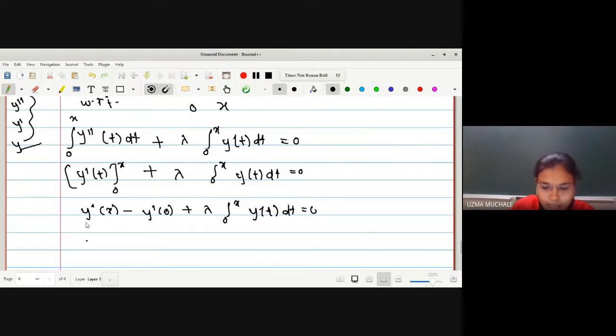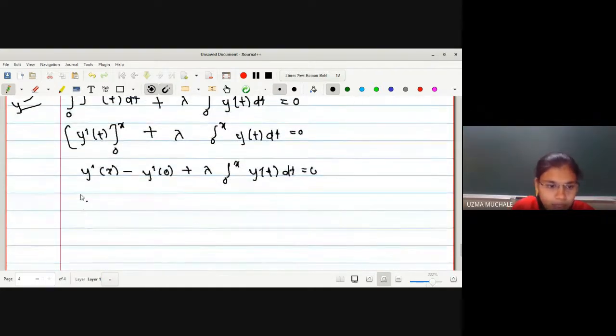Okay, now again integrating, what will be the integration again? I can write this directly as y of x minus y of 0, right? Within the limit, this will be y dash of t. After integration, it will be y of t within the limit 0 to x. So directly I can write it as y of x minus y of 0 minus y dash of 0.